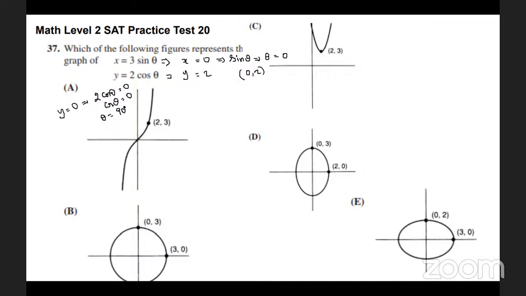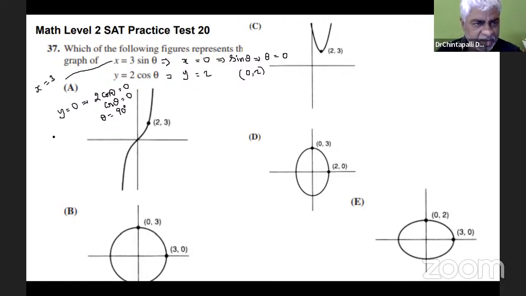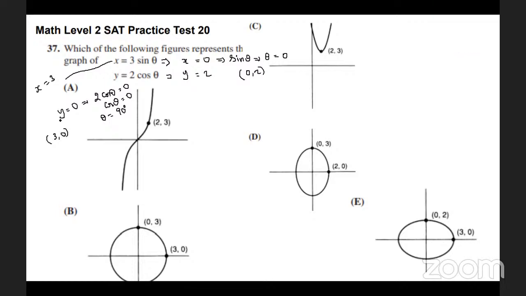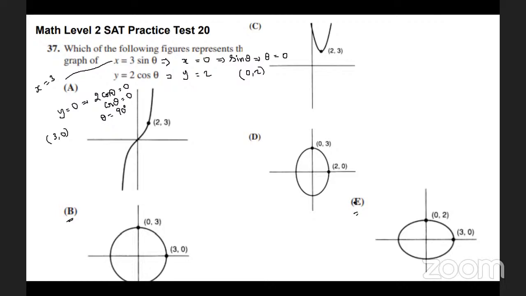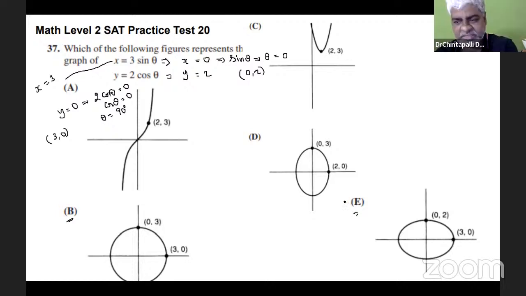Very good. Put this 90 degrees in the first equation. X equals 3, sir. So the point is 3 comma 0. Of course, option B and option E, both are correct in this case, right? So we have to check two cases. By using this type of sixth sense, we can answer these questions even if we don't have the knowledge of ellipse. No problem.